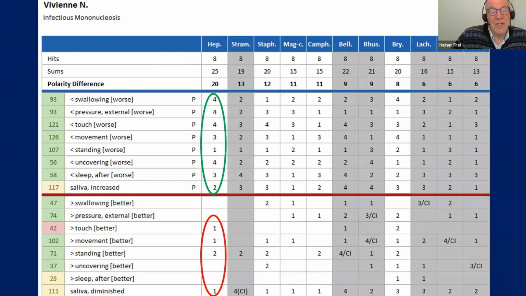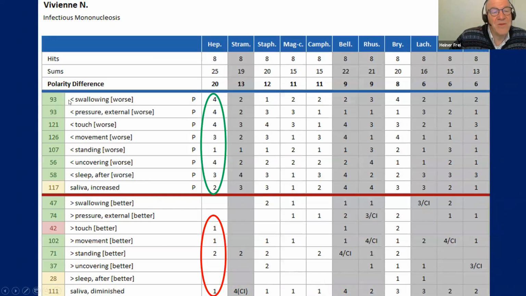Now, here what you see, and I want to explain to you what the polarity difference is. If we add all the grades of the polar patient symptoms, these here, these are polar patient symptoms, if we add them, we come up with 25 points. Below the red line, we have the opposite poles of the polar patient symptoms.